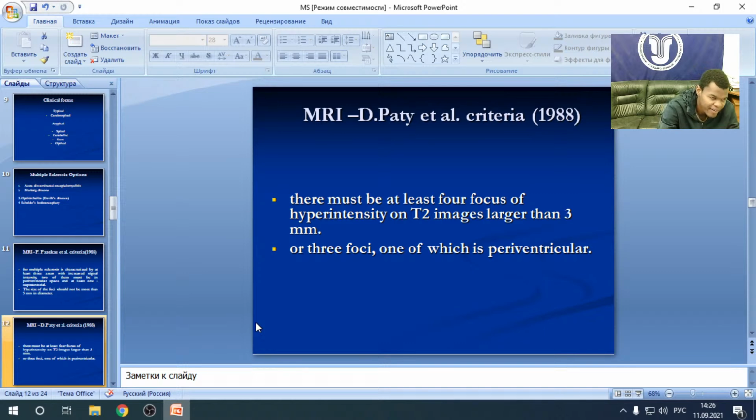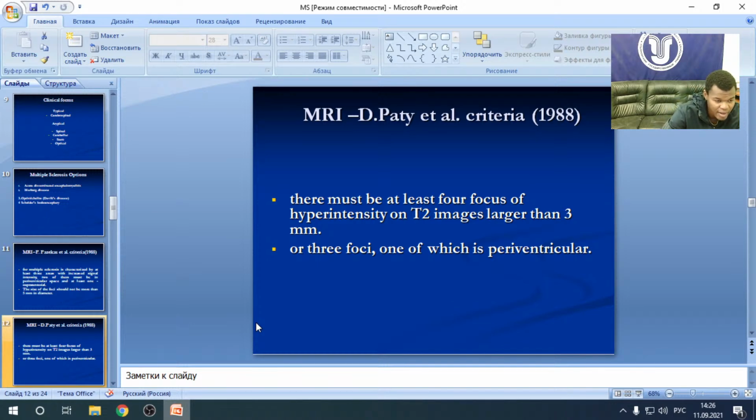Of course here there are 3 foci, here 2 foci, here 4 foci, so it's almost the same. But here we are talking about not larger than 3 millimeters, okay? So almost the same criteria, right?